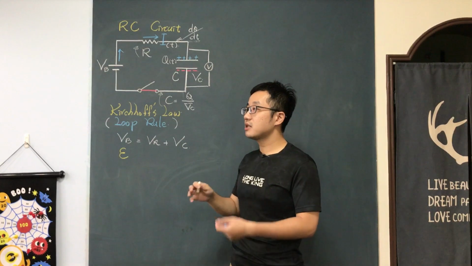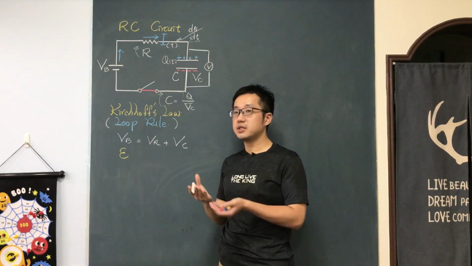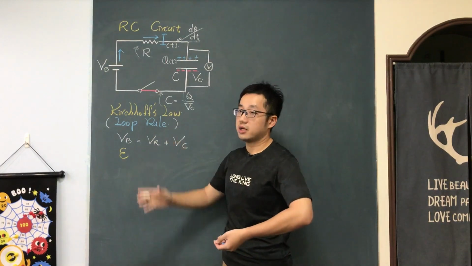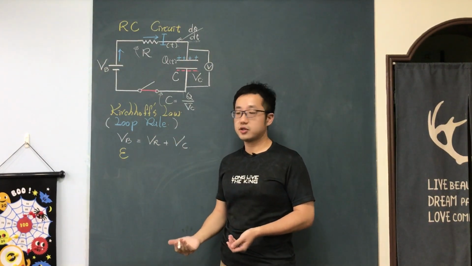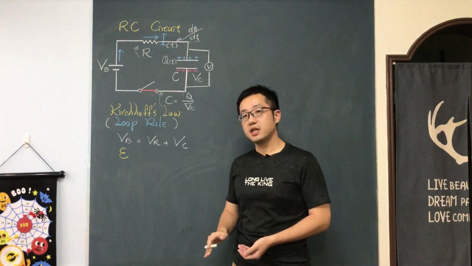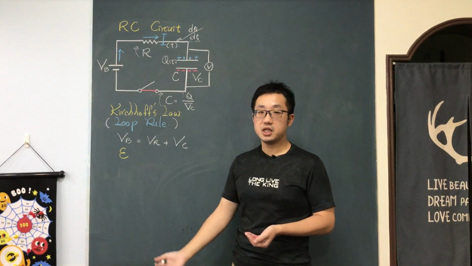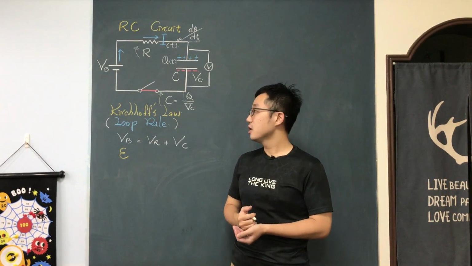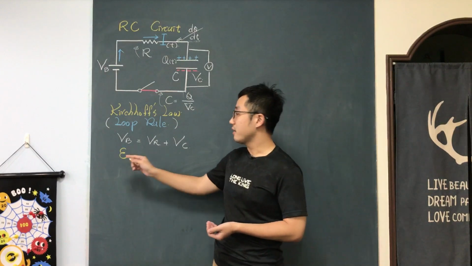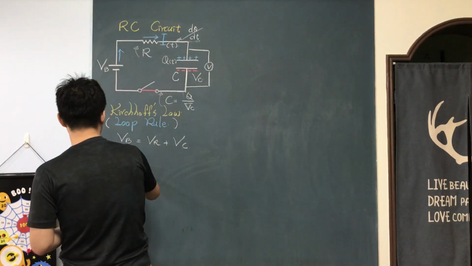But if this is an ideal battery, I don't need to worry about the resistance inside the battery. When your battery does work per coulomb of charge to push out the charge, you don't need to worry about any wastage of energy. No energy will be transferred to heat during the whole process. So I can simply write it as E, and E means the electromotive force.